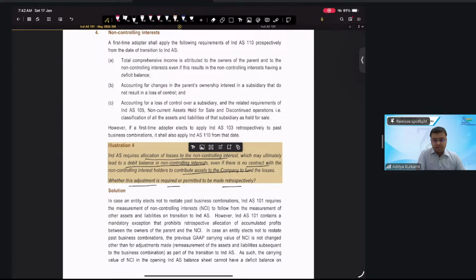Yes. But if I say that I take the date of transition as the deemed date of acquisition, then at that point there is no need for you to go back in time and restate the NCI. Are we okay with this? Yes. So that is a pretty straightforward answer. Nothing new, nothing different. So that takes care of illustration 4.